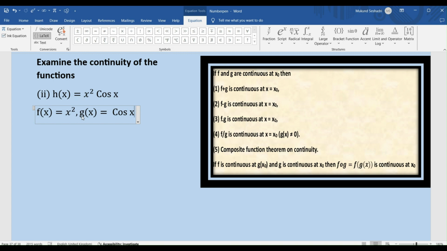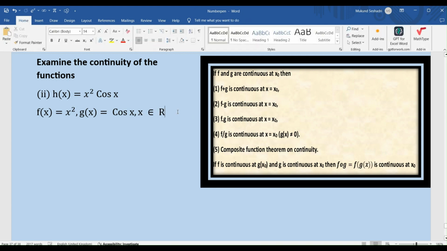Therefore both these functions are continuous, and we don't have a challenge in calling that they belong to R, right? So now I know that my f of x and g of x are continuous. And if I apply the algebra of continuous functions, then the product of these two functions, which is my h of x as defined originally, is also continuous, right?